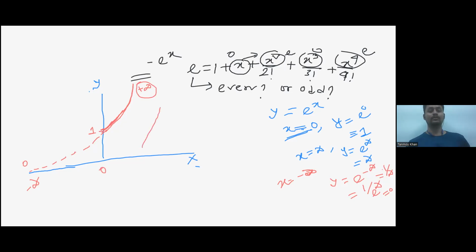Similarly, if we try e to the power minus x, it's also a very similar kind of function. Let's put the same values. At x is equal to 0, what will it be? e to the power minus 0 is the same as e to the power 0, and anything to the power 0 is 1.